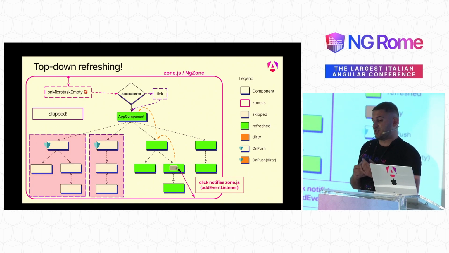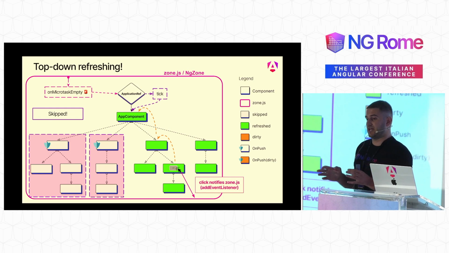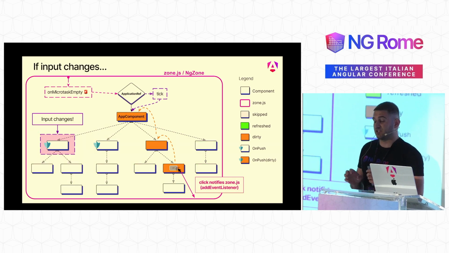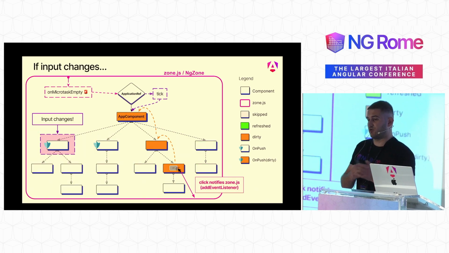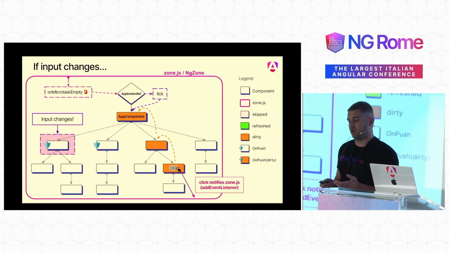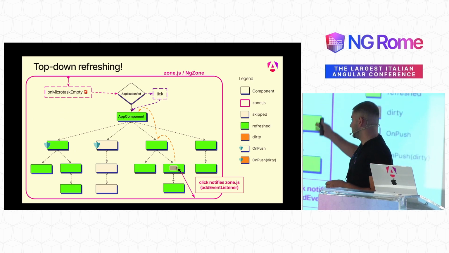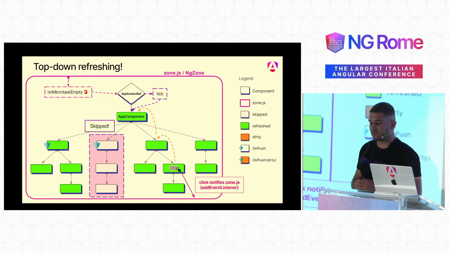As we can see, we have half of the tree now that doesn't do any checks. It just skipped completely. But if the inputs change, of course, we have an OnPush with inputs changed, and it will just refresh it. And of course, refresh other parts, but the middle one didn't change anything, so it's safe to keep it as is.